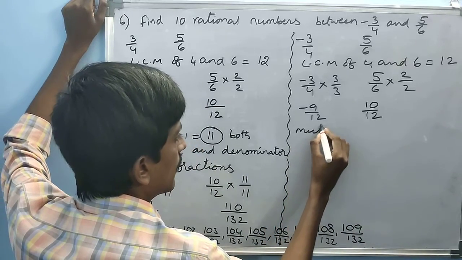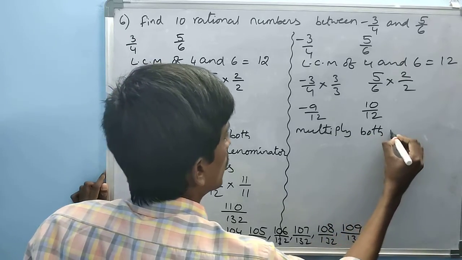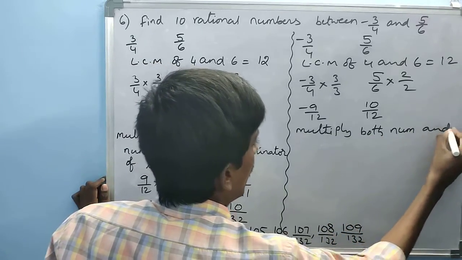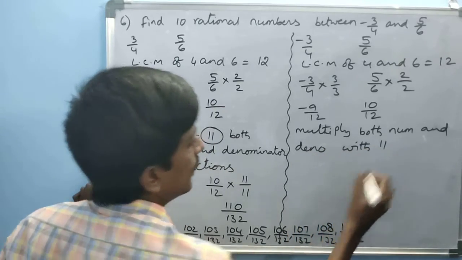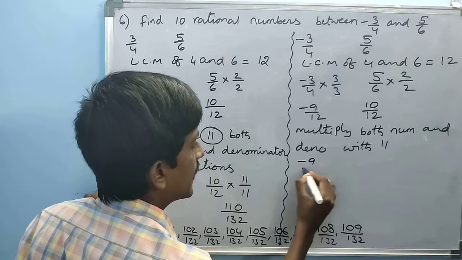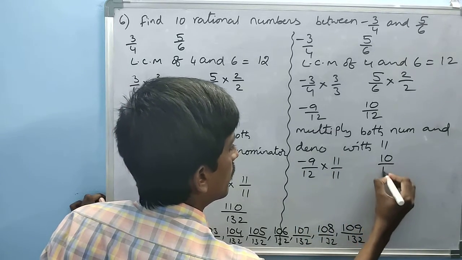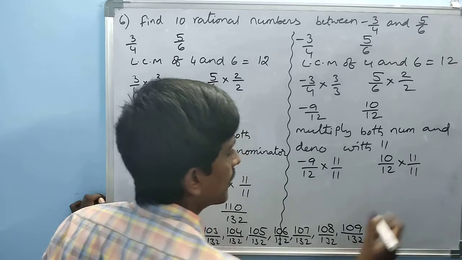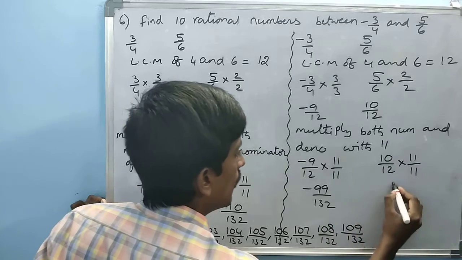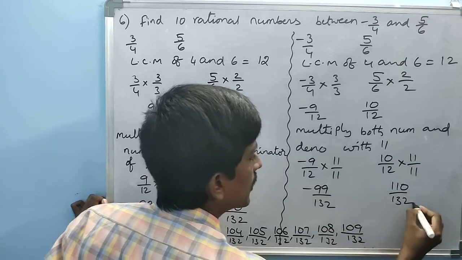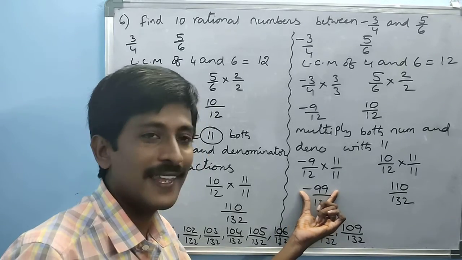Multiply both numerator and denominator with 11: minus 9 by 12 into 11 by 11, and 10 by 12 into 11 by 11. So minus 99 by 132 and 110 by 132.